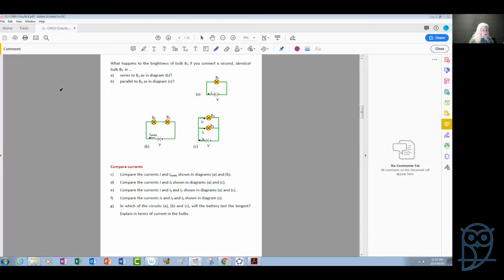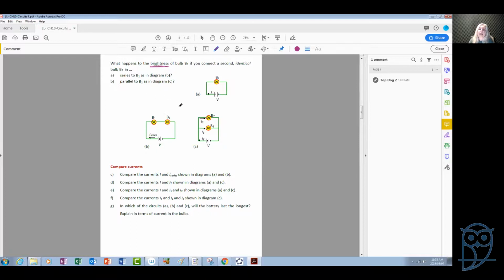So the first question says, what happens to the brightness of bulb B1 if you connect a second identical bulb B2, first in series, like in this first circuit, and then in parallel? So we begin by comparing the brightness of the bulbs.